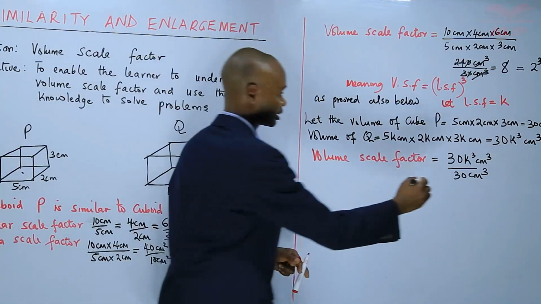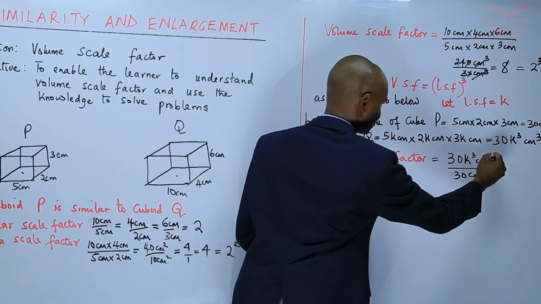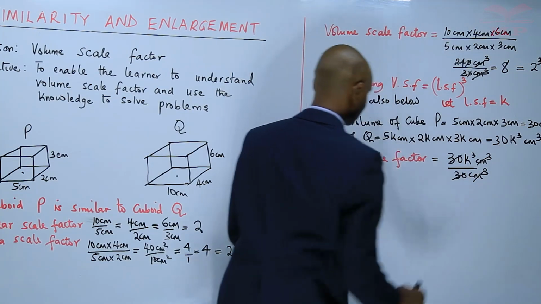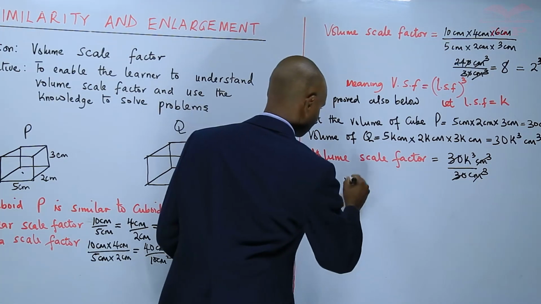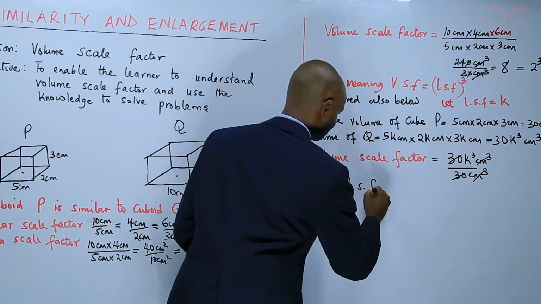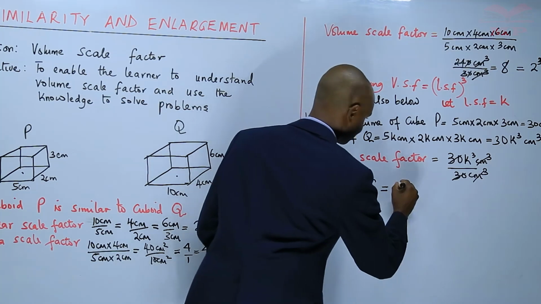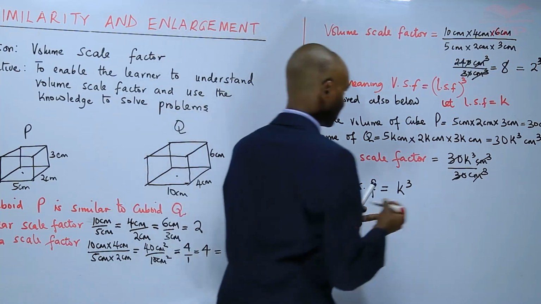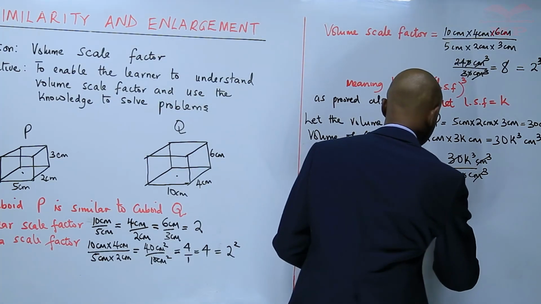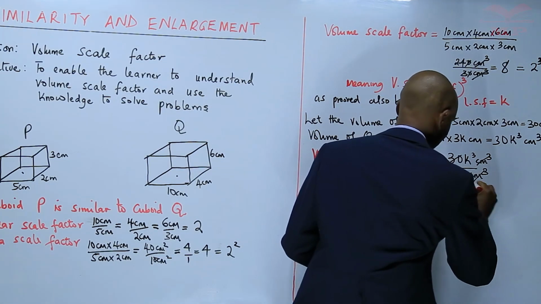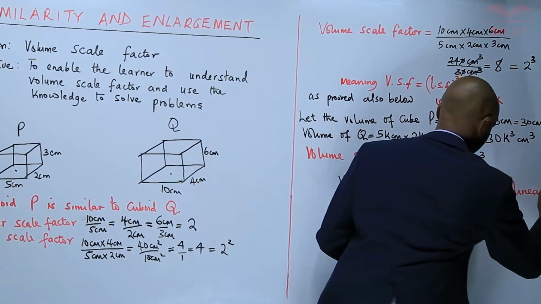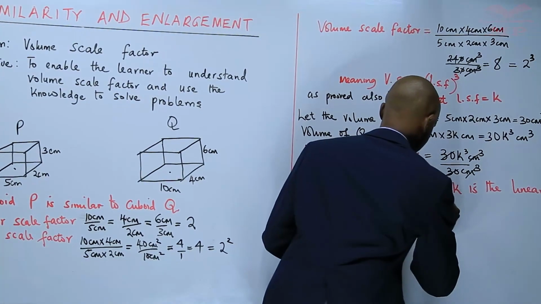The centimeters cancel and the 30 cancels. So the volume scale factor will be equal to K cubed, where K is the linear scale factor.